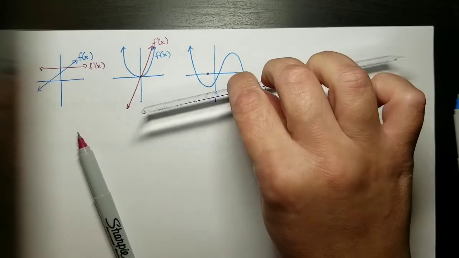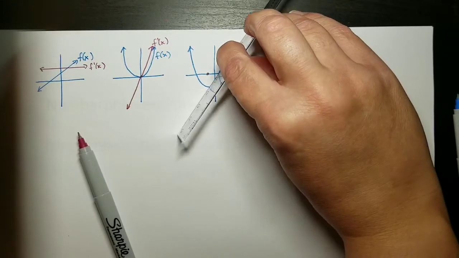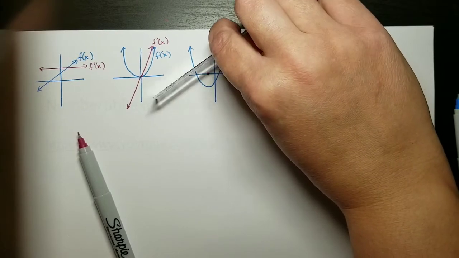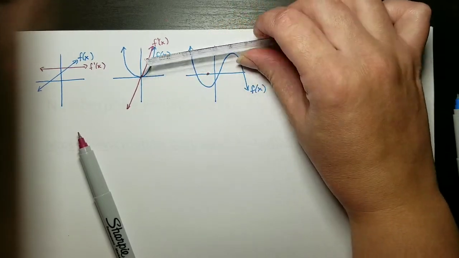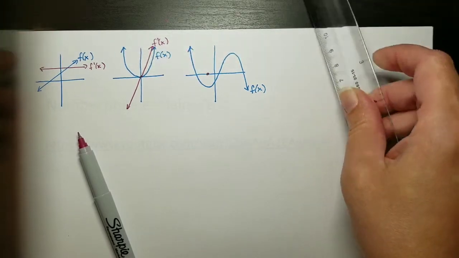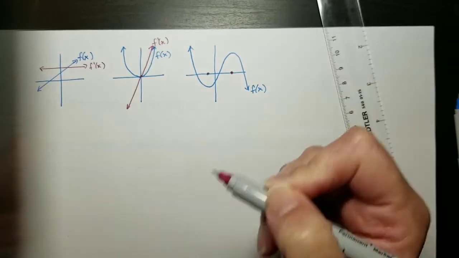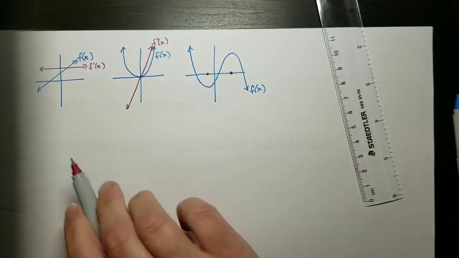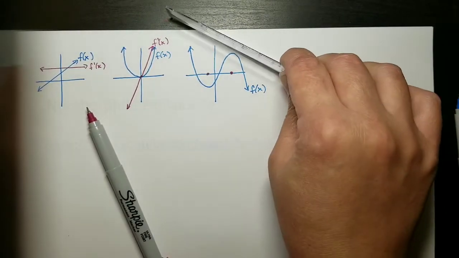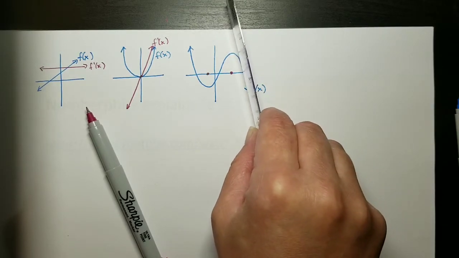Now here, between this turning point and the next, the slope is positive. It's getting bigger positive and then getting smaller positive as we go up to there. And that second turning point would also have a slope of 0. So I'm going to put a 0 on my derivative. And then it's negative, getting bigger and bigger and steeper negative.